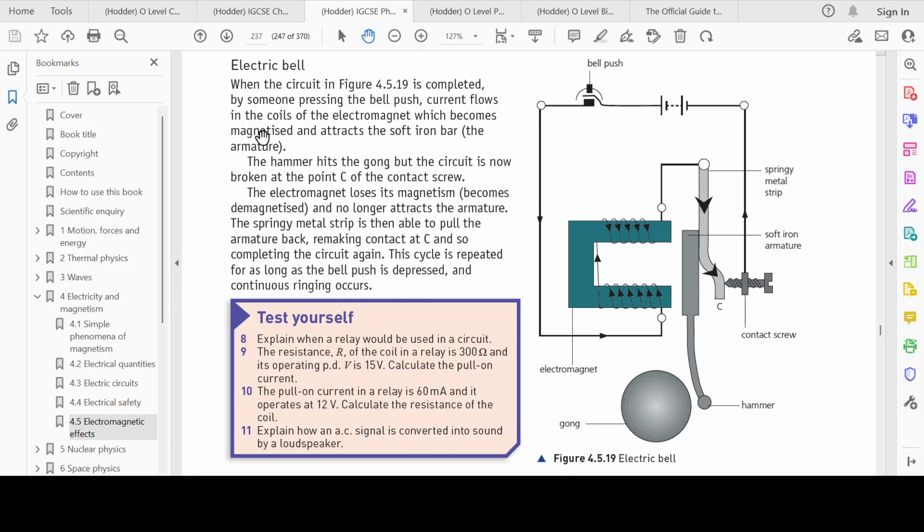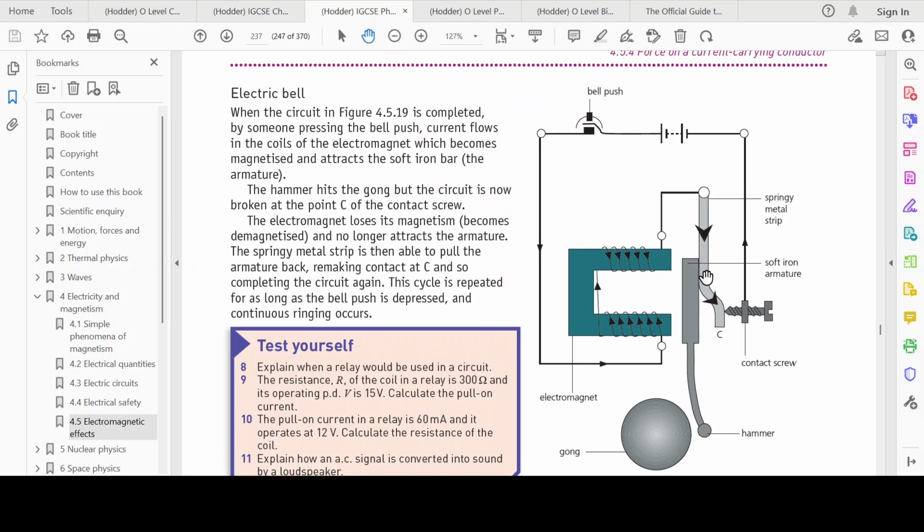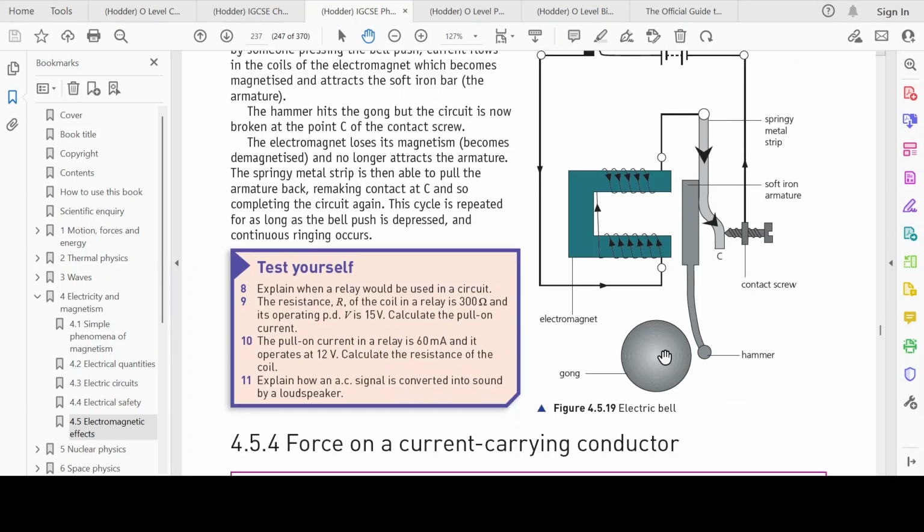Current flows through the coil, and this becomes magnetized and attracts the soft iron bar. So this soft iron armature is pulled towards the magnet, and as it is pulled towards the magnet, it strikes the gong, and that makes the noise. So the hammer hits the gong, but the circuit is now broken, right?